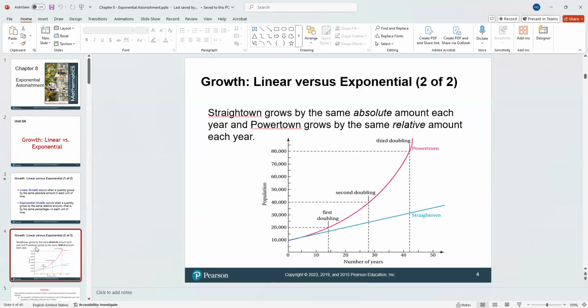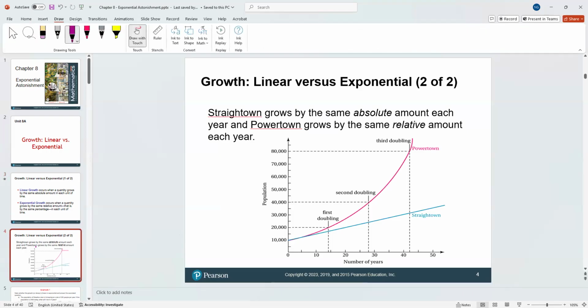Let's suppose that you have two towns. One is called Straight Town, and the other is called Power Town.